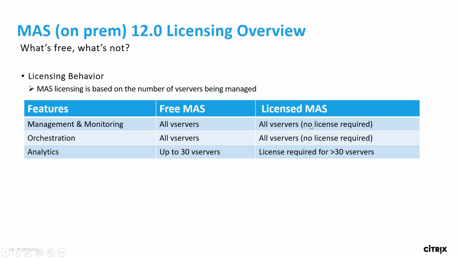You will not require a license for these functionalities on MAS on-prem even if you have above 30 vServers. In case of analytics, you will be able to leverage these functionalities up to 30 vServers for free. And if you want to leverage these functionalities beyond 30 vServers, you would require a license.